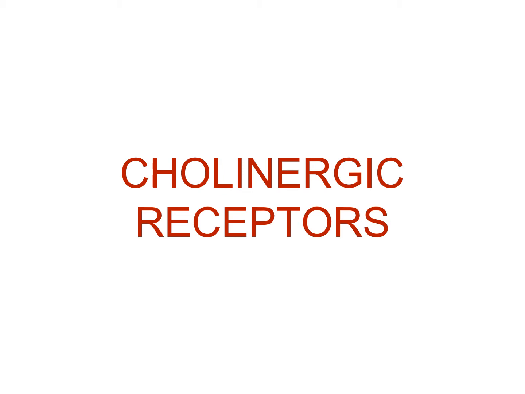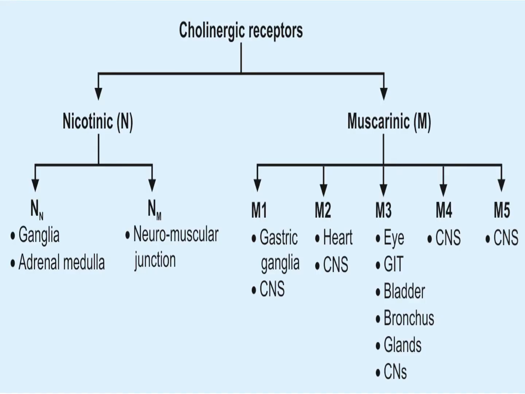Now, what are the different types of cholinergic receptors? There are two types of cholinergic receptors, that is nicotinic and muscarinic receptors. The muscarinic receptors further have different subtypes, that is M1, M2, M3, M4 and M5. These subtypes have different locations, and depending on the location they have different functions.